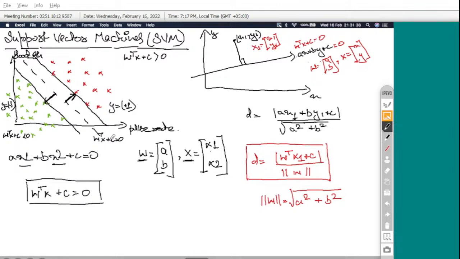Then only it's going to be in the middle, right? The overall ideology here is to maximize the distance to get a best fit hyperplane.